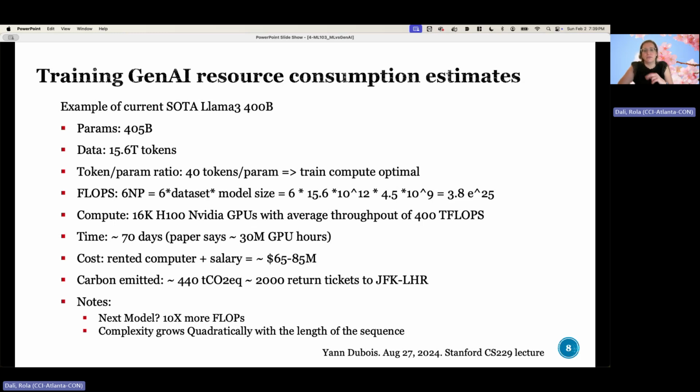So the factor of increase from cycle to cycle is roughly 10x. And the complexity of the training process grows quadratically with the length of the input sequence. So the more data it sees, the more it needs a quadratic amount of resources.